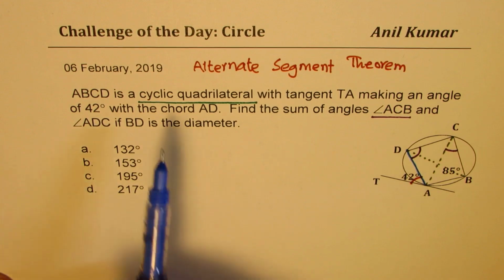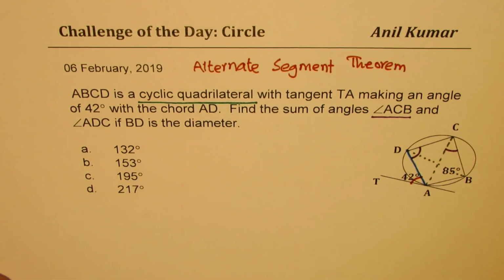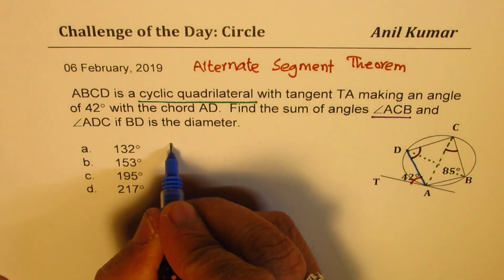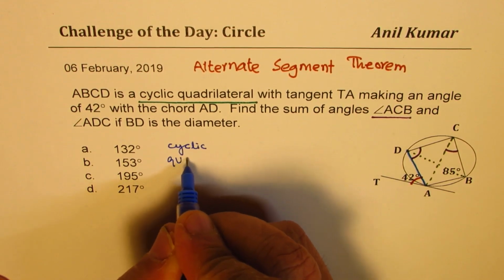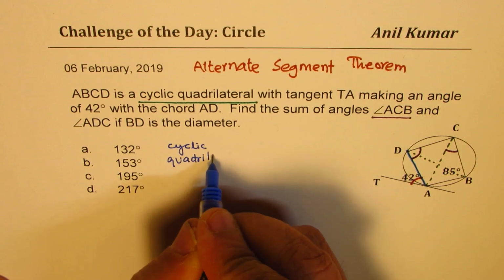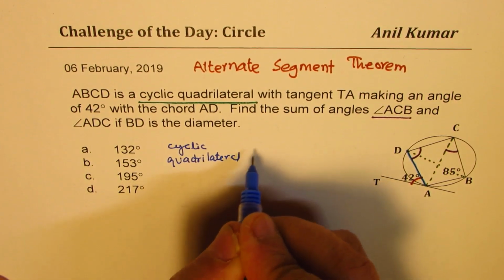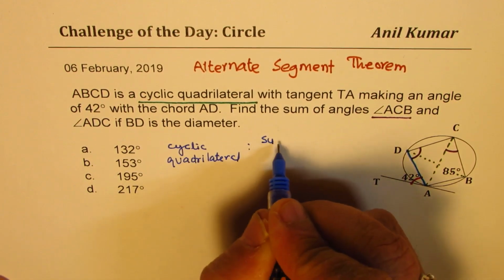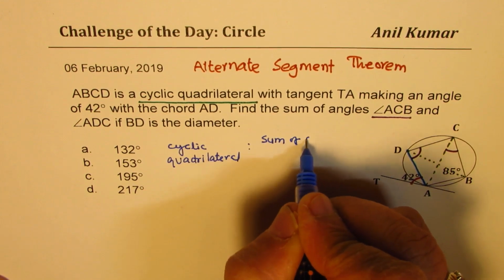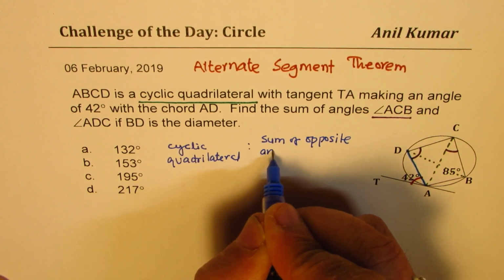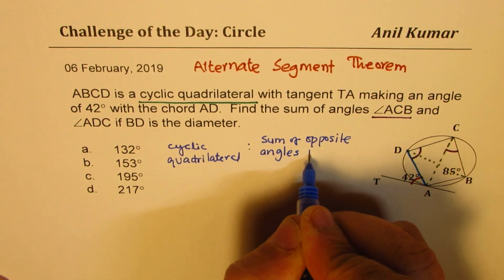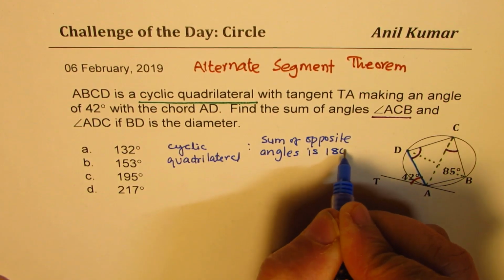Now, a few things to understand. Cyclic quadrilateral means what? When I say it is a cyclic quadrilateral, that means the sum of opposite angles is 180 degrees, right?